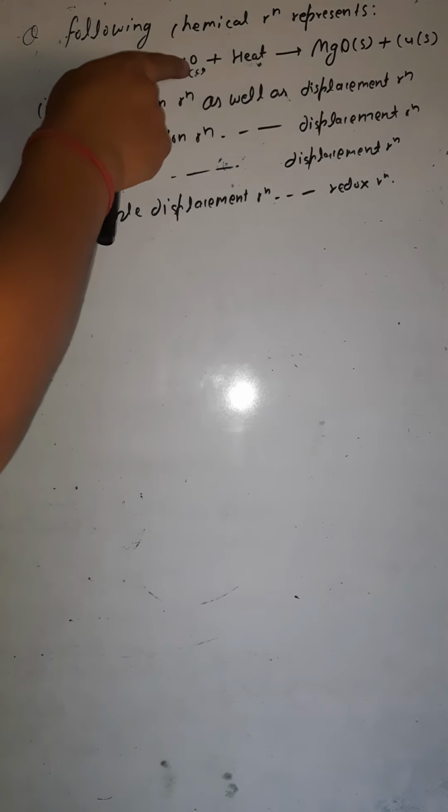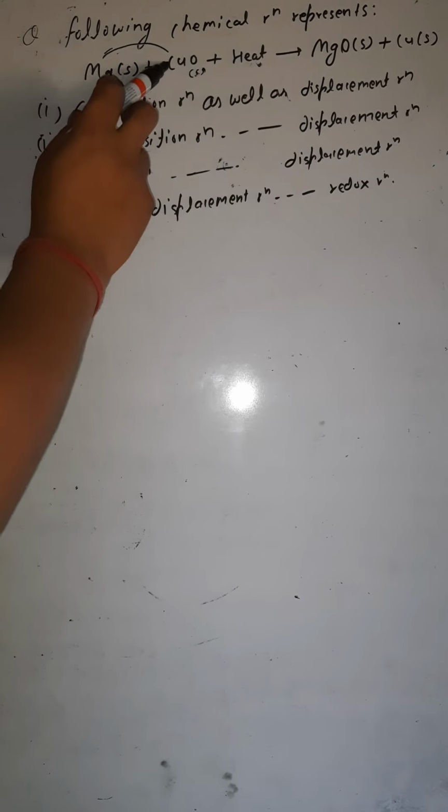You can see copper alone here; this copper was earlier with oxygen, now it has been displaced by magnesium. This magnesium is taking the place of copper and becoming magnesium oxide, and copper has been displaced. So it is definitely an example of displacement reaction, but not of combination. Displacement is taking place, but combination is not taking place here.